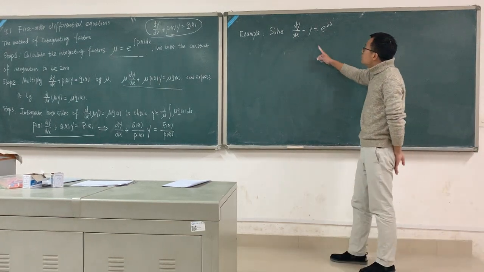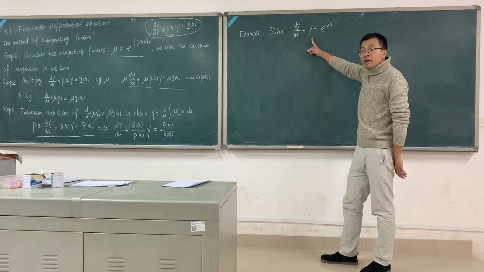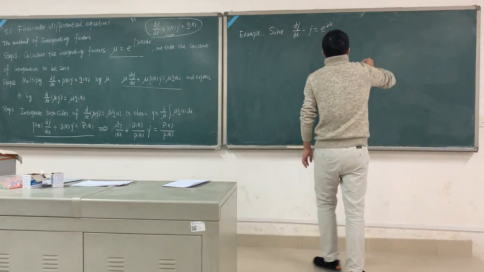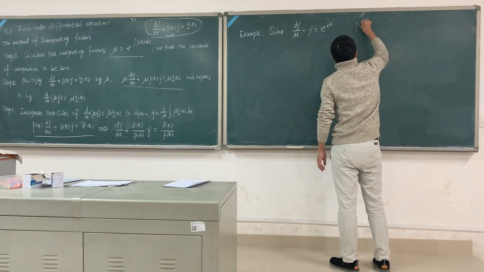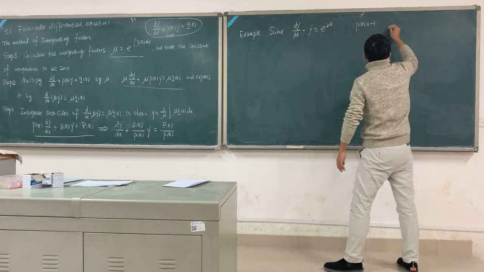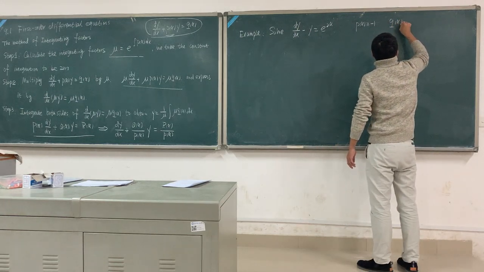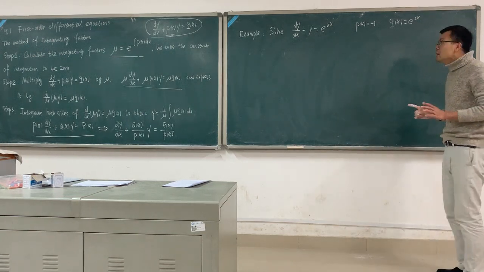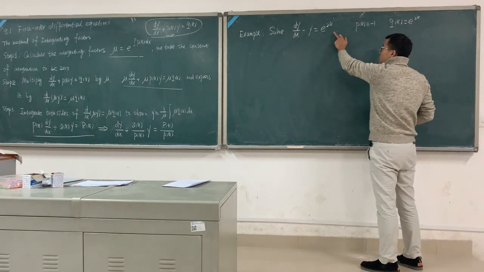We can see this equation is in the form of this equation, with p(x) equal to minus 1 and q(x) equal to e to the power of 2x. Now we need to find the solution of this equation.